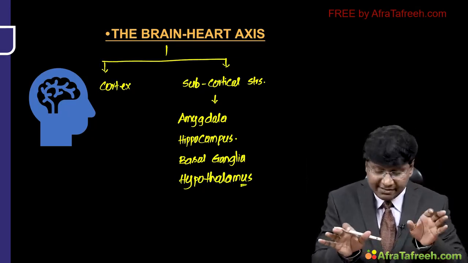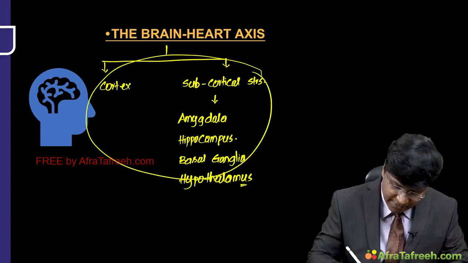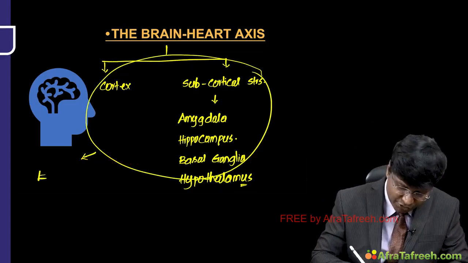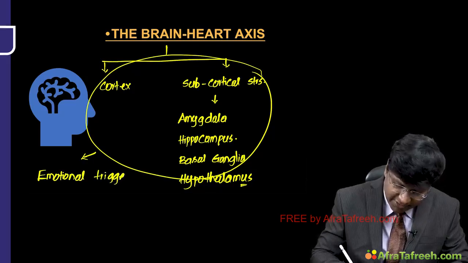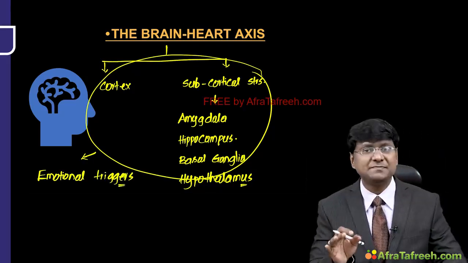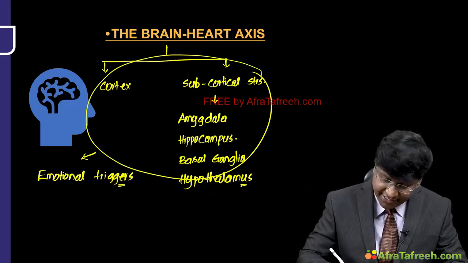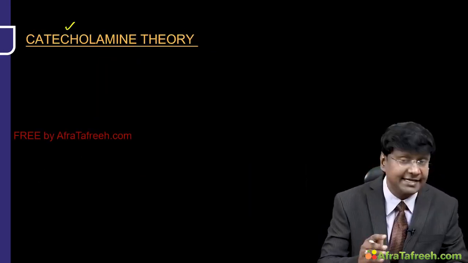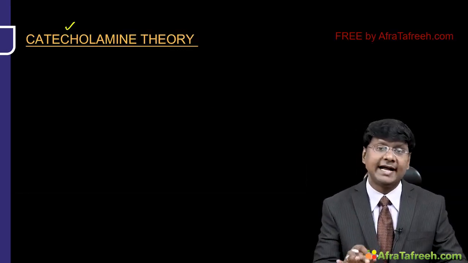Now, in these areas there will be initiation of the emotional triggers. This emotional trigger which has been activated in these areas will initiate the release of the catecholamines, right? So we have a theory called the catecholamine theory.